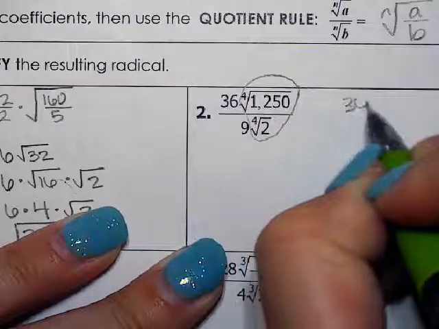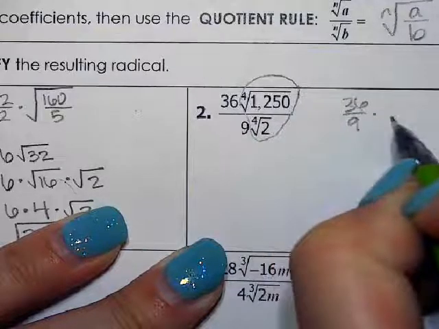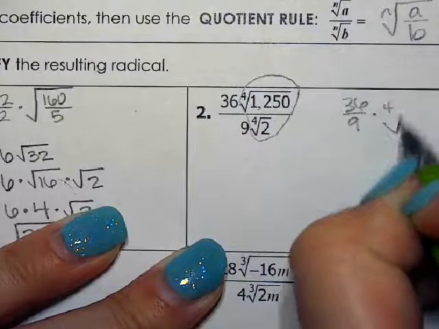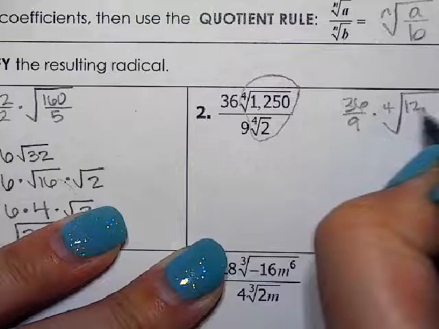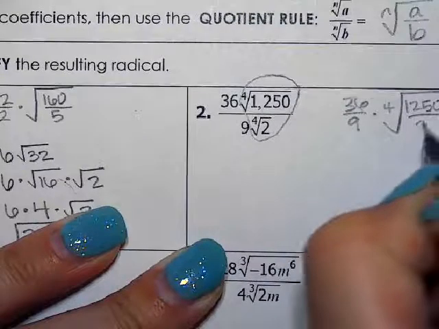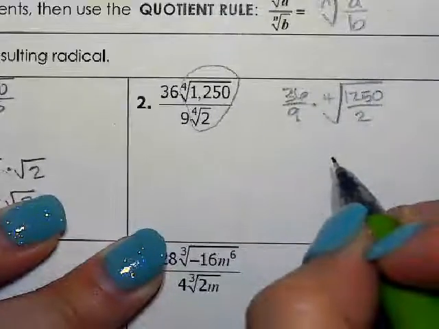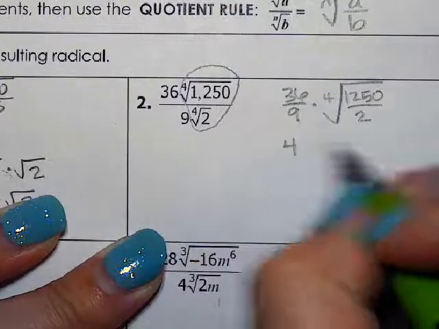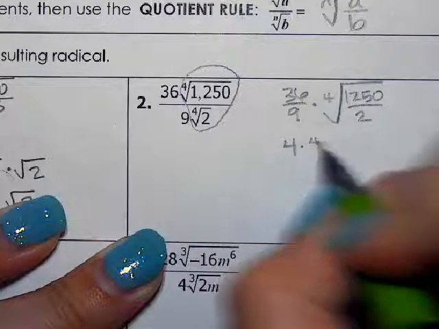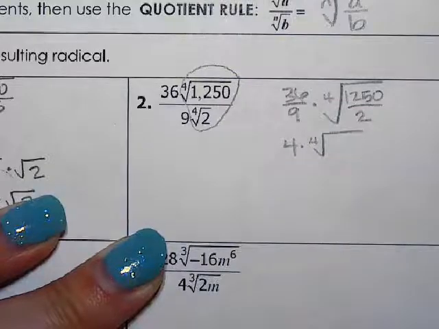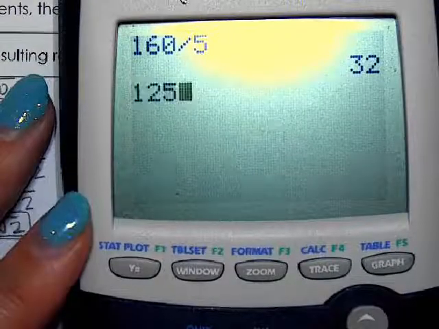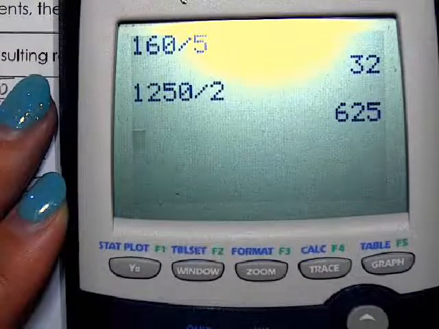I'm going to have 36 divided by 9 times a big fourth root of 1,250 divided by 2. So 36 divided by 9 is 4 times the fourth root of whatever that is, 625.